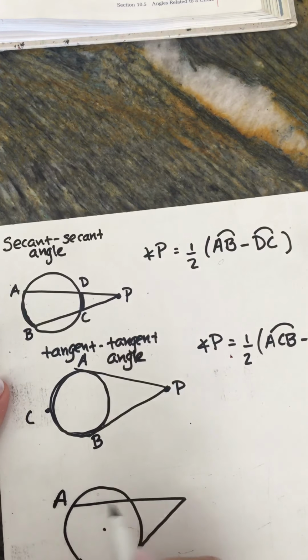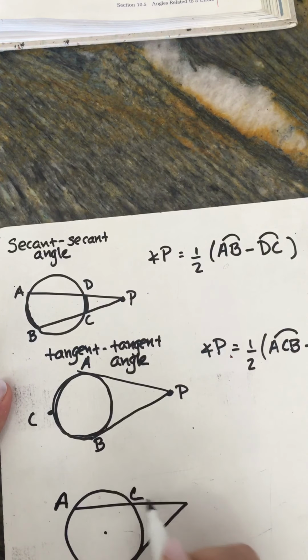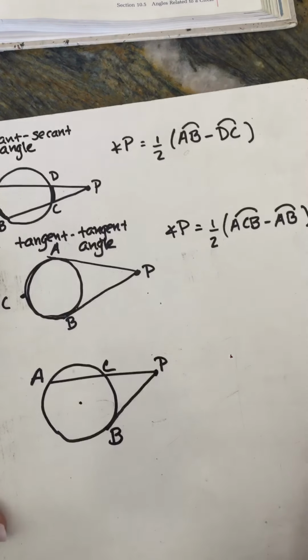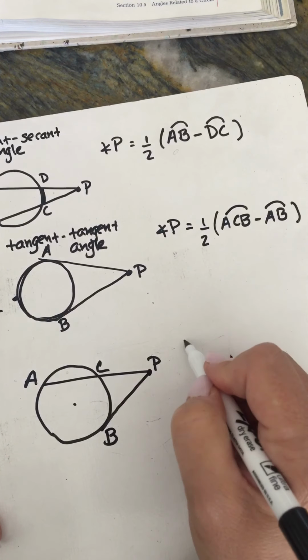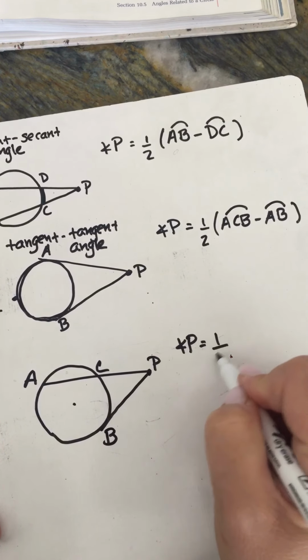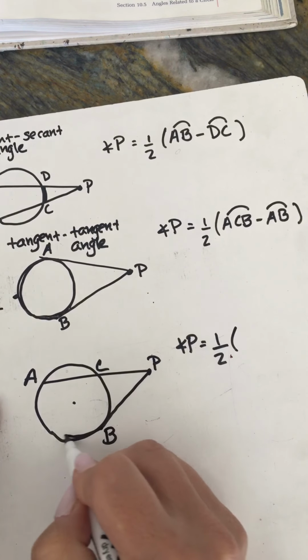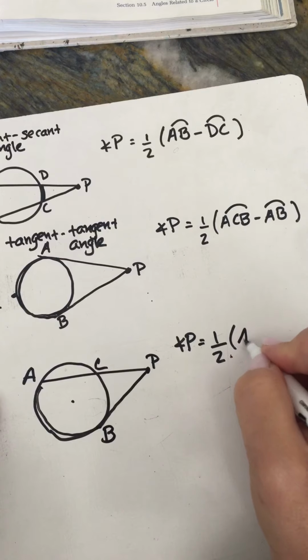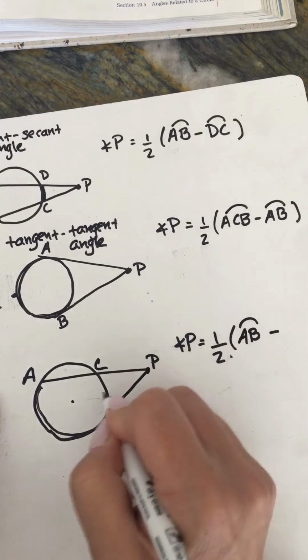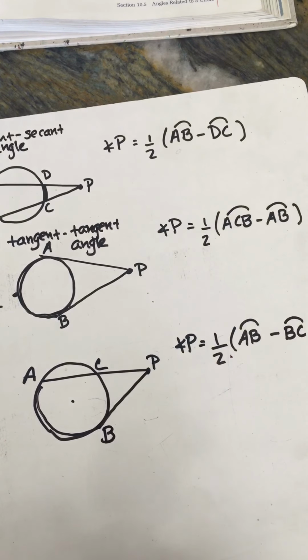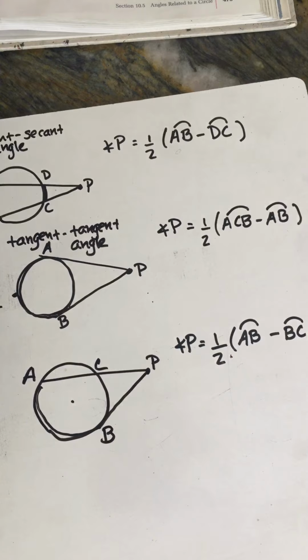So we could call this A, B, C, and then that's point P. It's the same thing because the vertex is on the outside of the circle. So angle P is equal to half of the difference of the arcs. So large arc, arc AB, minus smaller arc, arc BC. No big deal.